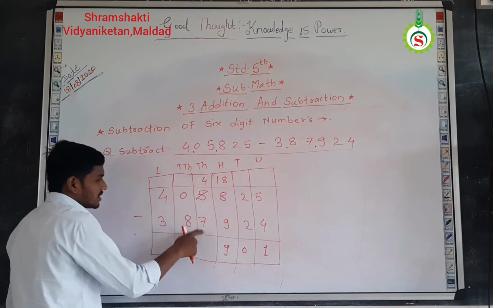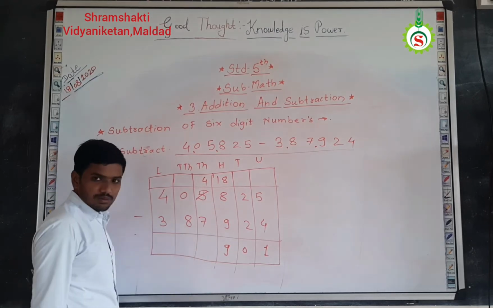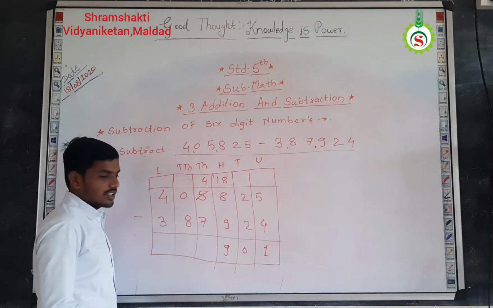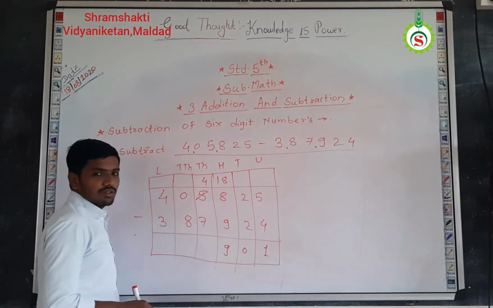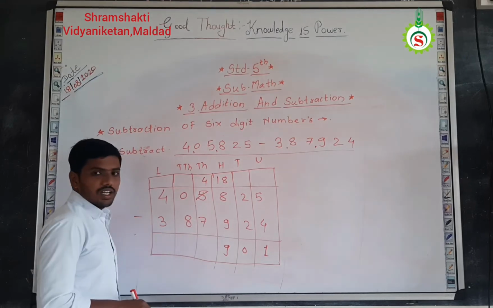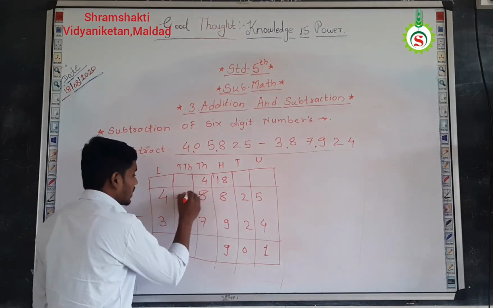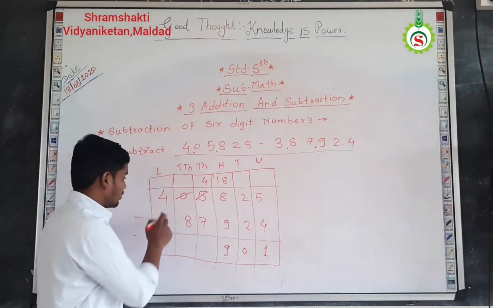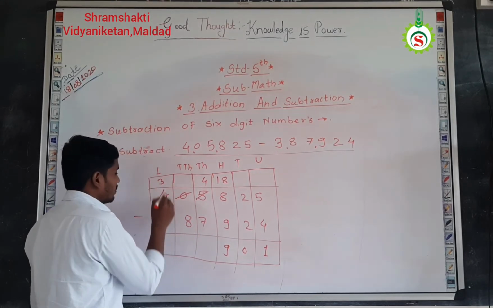Now in the next place, 4 minus 7. Is it possible? No. That means 4 is smaller and 7 is greater. That's why the 4 again has to take 1 borrow from the next digit. But there is a 0. So that 0 again has to take a borrow from the next digit. So here remains 3.